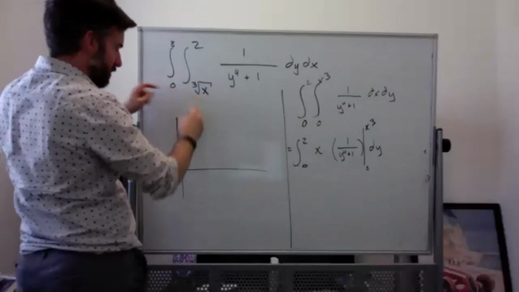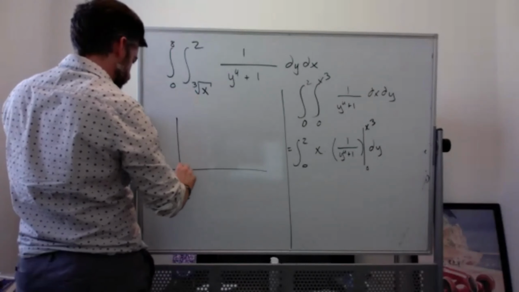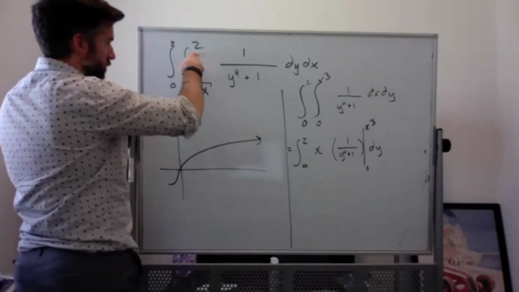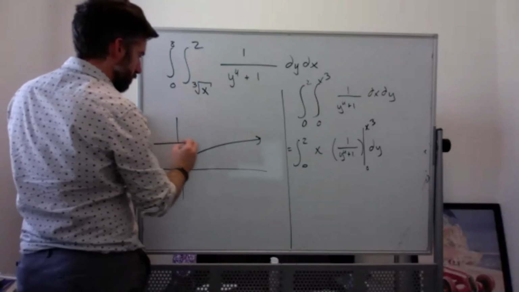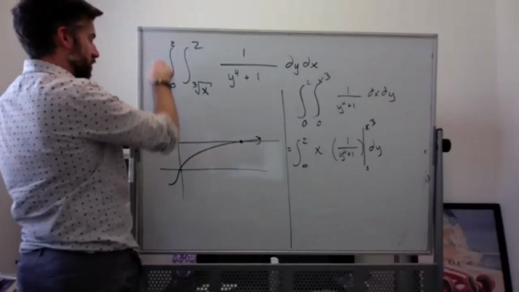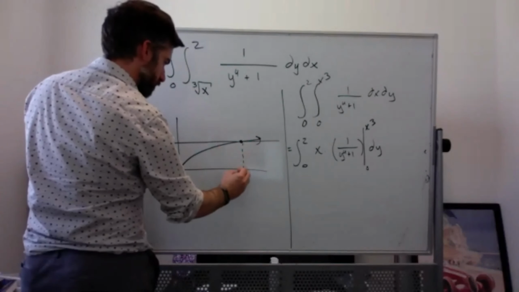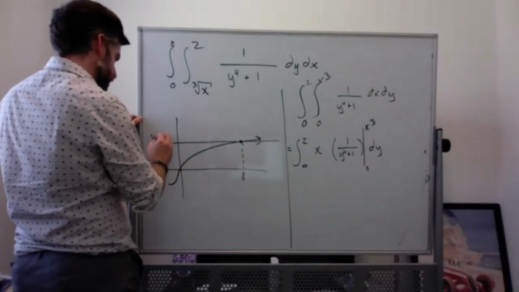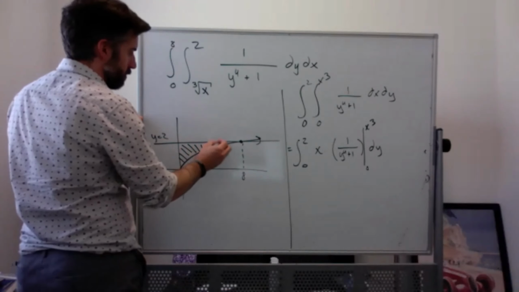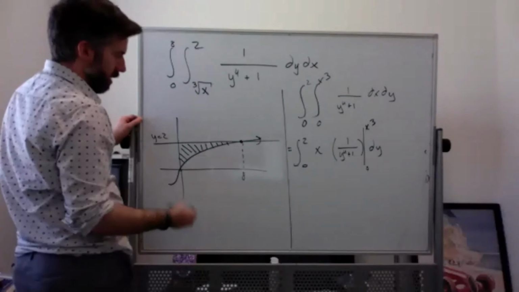So I have y equals the cube root of x. Looks like this. So y equals 2. And then x goes from 0 to 8. So I'm looking at this region here. And then I'm going to flip it around.